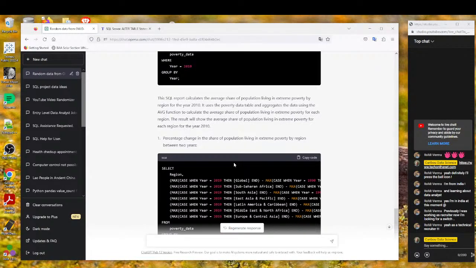Percentage change in the share of the population living. Notice we're using the case function here.